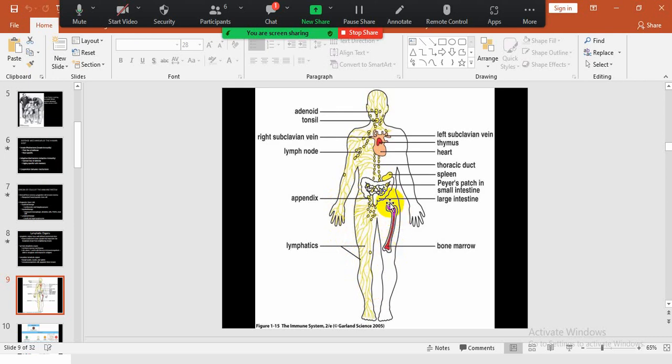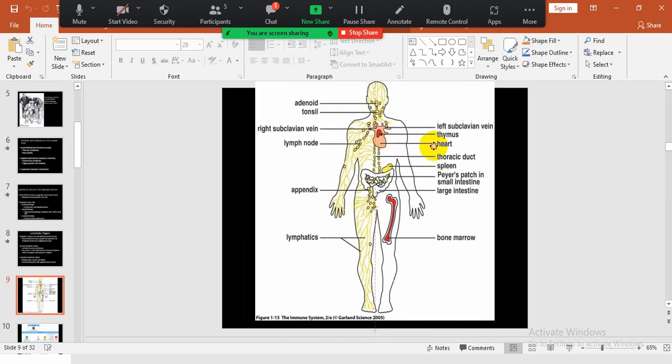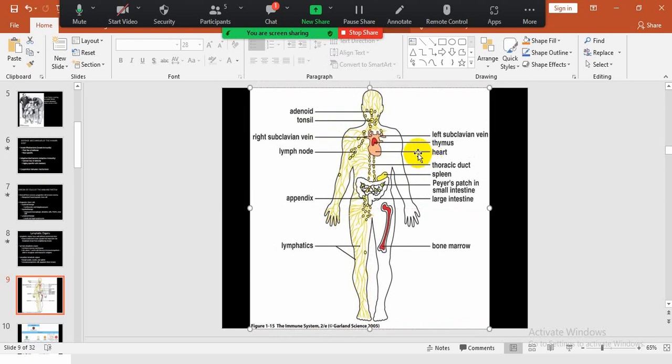And afterwards, they are stored in the thymus, the adenoid, the tonsils, the lymph nodes. So the thymus is the secondary storage site. So this is the thymus. And the spleen also is here. Matured white blood cells, lymphocytes, they are all stored there, and they fight infections.